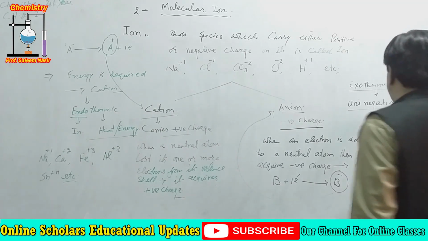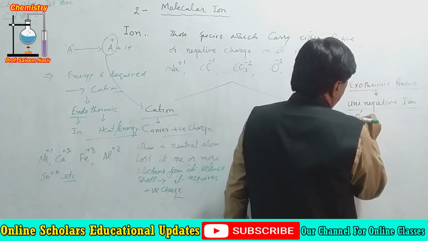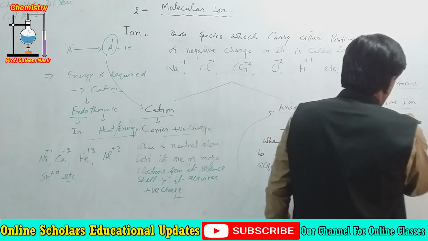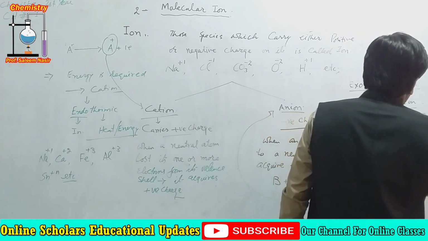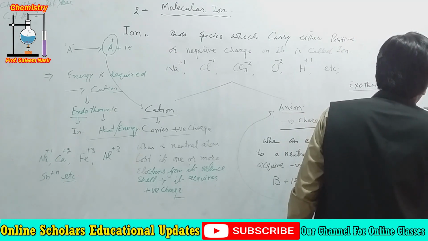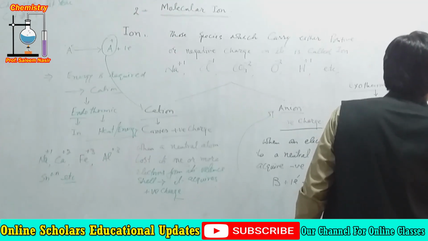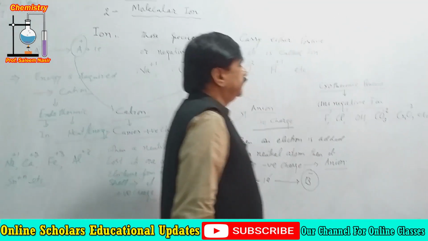These anions also consist of a single atom, such as fluoride ion, chloride ion, or groups like hydroxyl ion, carbonate ion, dichromate ion, etc.